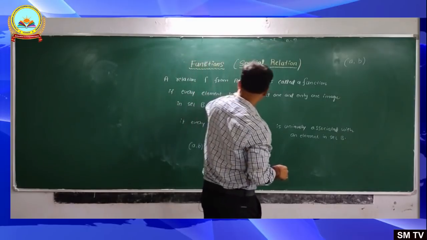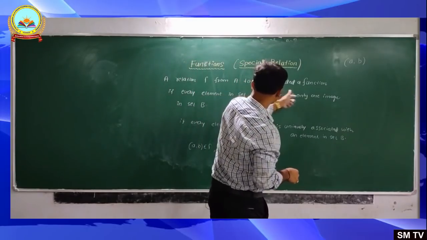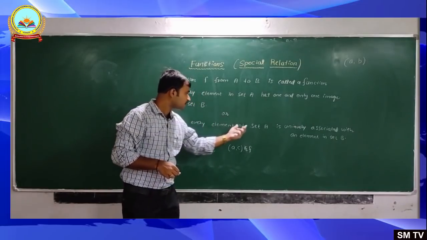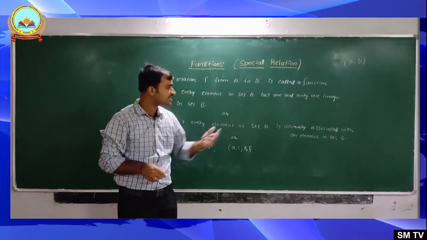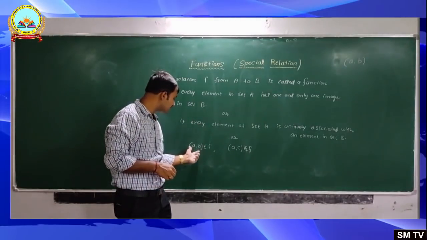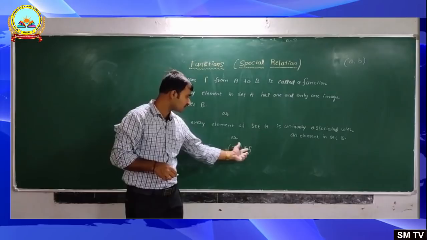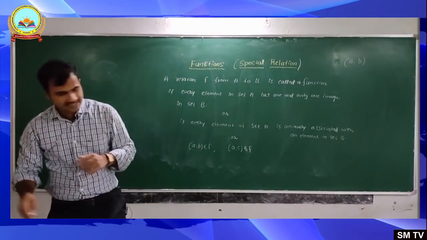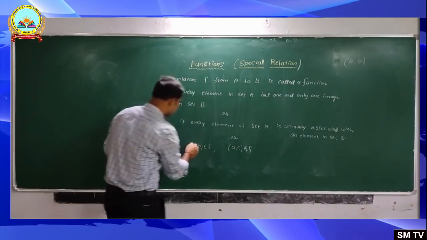If every element in set A has one and only one image in set B, or every element of set A is uniquely associated with an element of set B, or if (a, b) belongs to f, then (a, c) should not belong to f. Or more precisely, let me make a correction here.